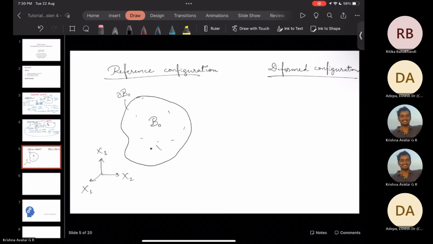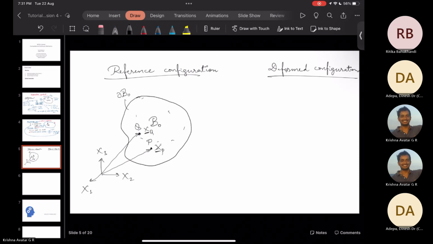So here x1, x2, x3 are the three axes, and every point has a coordinate. Say this point we name as P, then it will have a position vector x_P with respect to the origin. Let's take another point, which we call Q, and its position vector will be x_Q, with the vector denoted with an underscore.